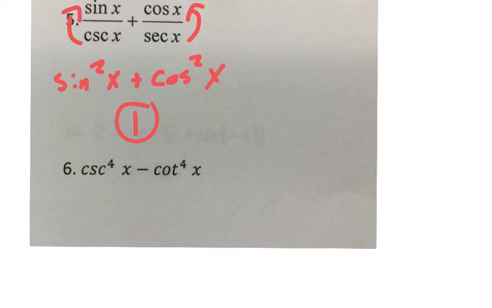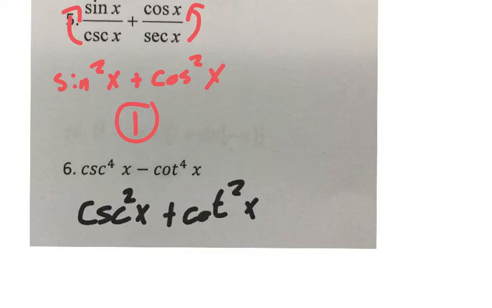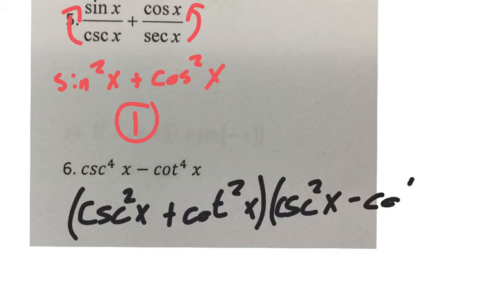So I can factor that as cosecant squared of x plus cotangent squared of x times cosecant squared of x minus cotangent squared of x.